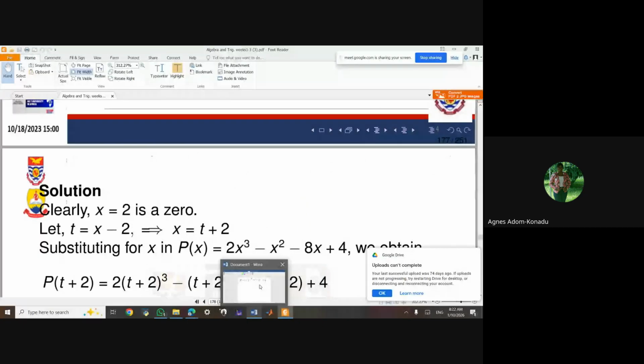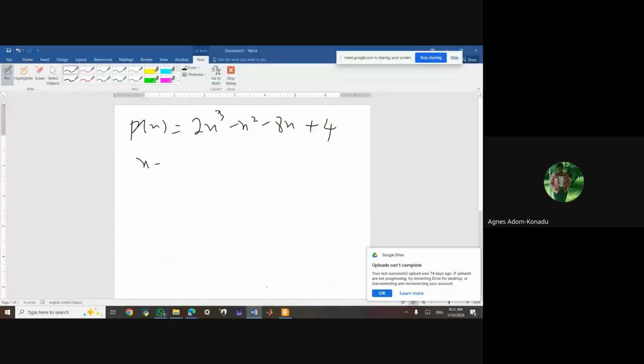Then by the replacement theory, we equate the factor to t. So we let t be equal to x minus 2. So I make x the subject, and my x will be equal to t plus 2. So in place of x in the polynomial function, I'll write t plus 2.